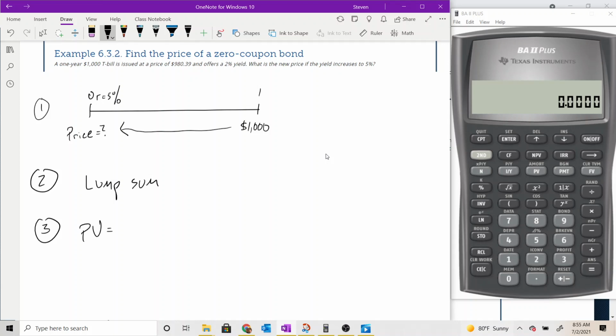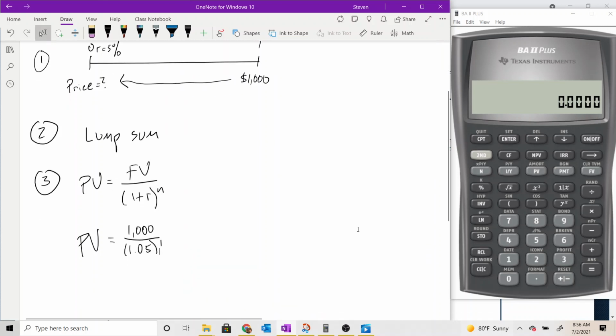So let's use the present value of a lump sum formula to find the price, and the future value is 1,000. The discount rate in this case is 5%, expressed as a decimal 0.05, so 1 plus 0.05 is 1.05, and the number of compounding periods in this case is 1.